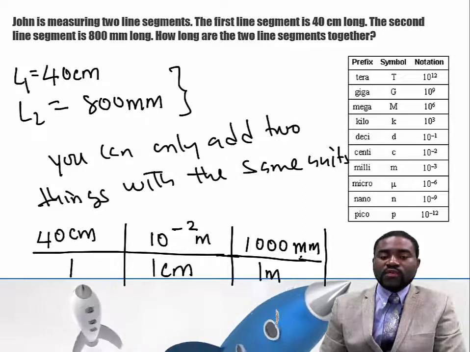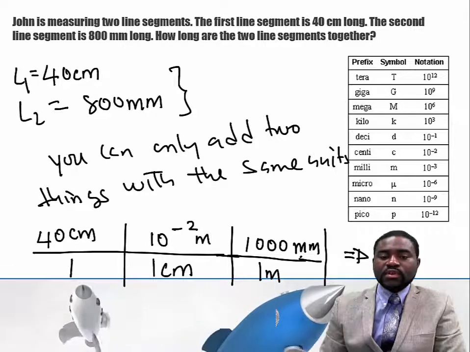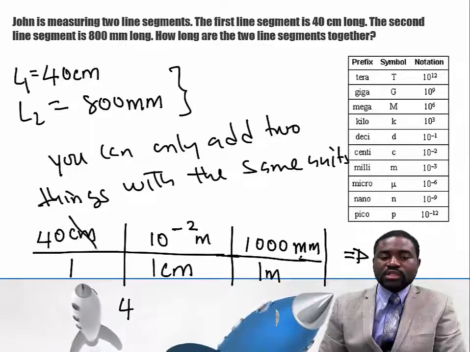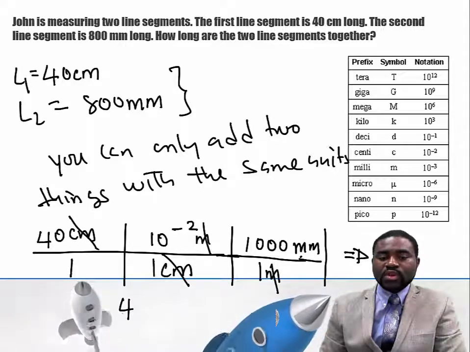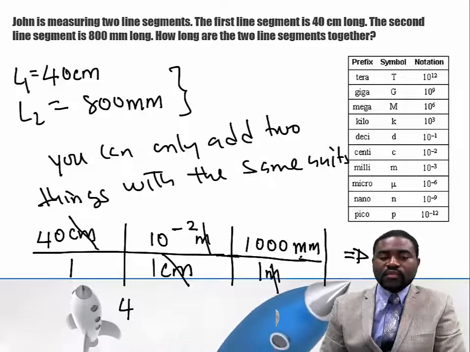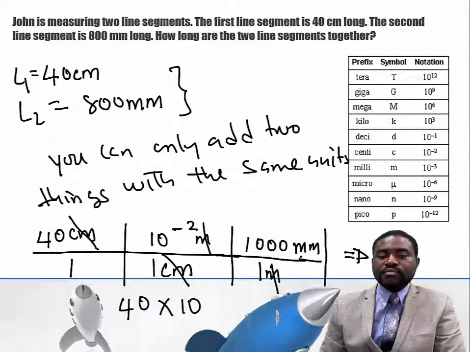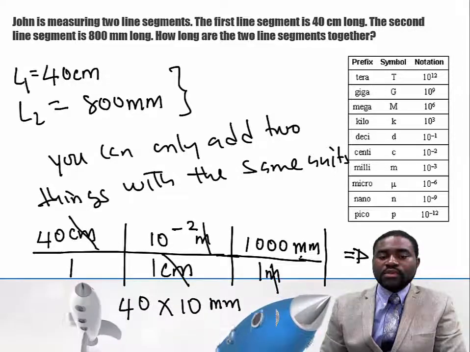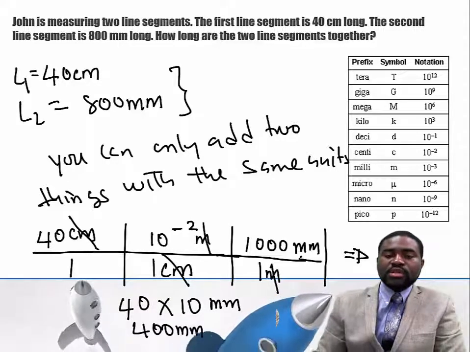So if you multiply all of this, the centimeters cancel and the meters cancel, and you will have 40 multiplied by 10 millimeters, which is 400 millimeters.